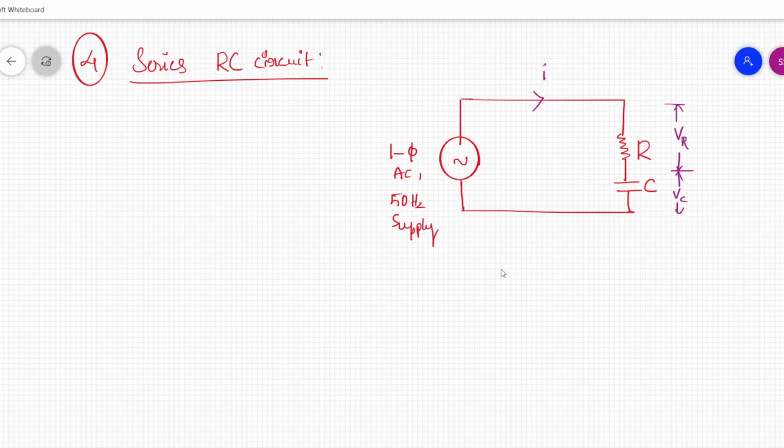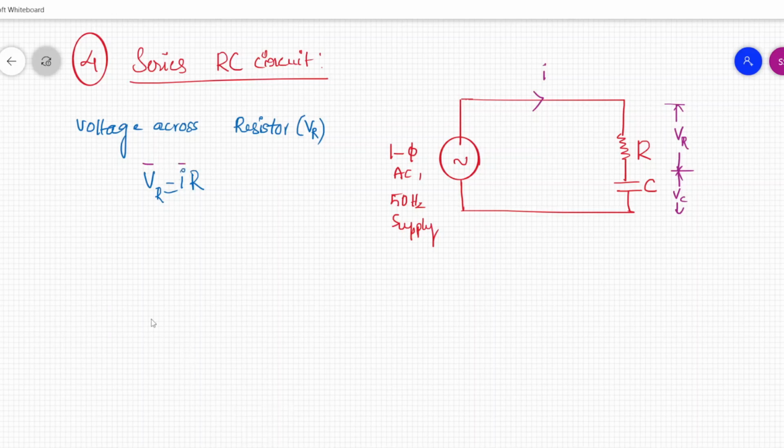Okay, now let us see what is the voltage across this resistor. VR equal to I into R, because it is a series connection. So the voltage across the resistor will be I into R. Every parameter we are drawing is a phasor, so that's why I am representing it with a bar here.